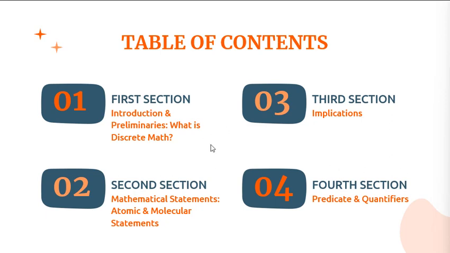We will describe here the definition or the meaning of the course, and also we are going to talk about mathematical statements such as atomic and molecular statements. We're going to describe and differentiate the two, and lastly we're going to discuss five logical connectives.